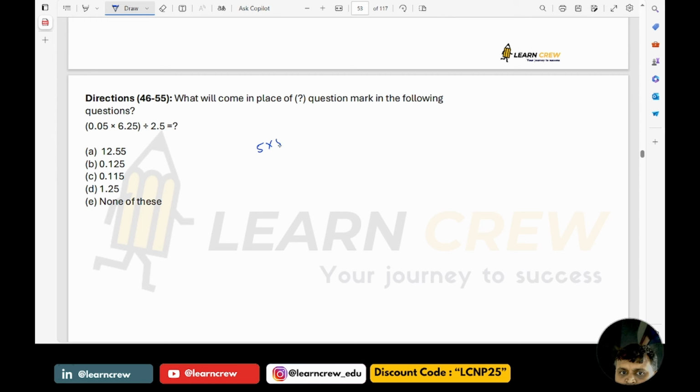It is 5 power 4 into 10 power minus 2. So you got 10 power minus 4. It is 5 square, power 10 power minus 1. So 5 square will cancel. So it is 5 into 5 square, 5 cube into 10 power minus 3. So 0.125 is the answer.